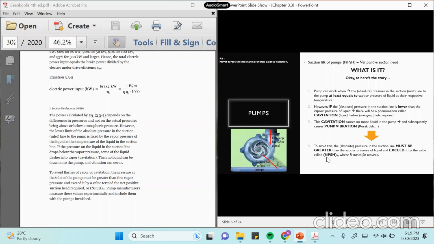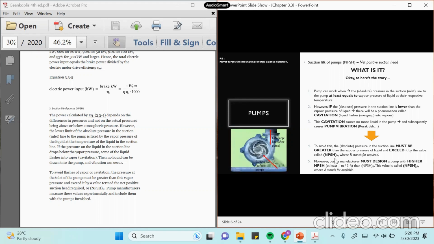This NPSHR makes sure that the absolute pressure in the suction line will be higher than the vapor pressure of the liquid. Moreover, pump manufacturers must design a pump with a higher NPSH, at least 1 meter or 3 feet higher than NPSHR. This value is called NPSHA, where A stands for available.